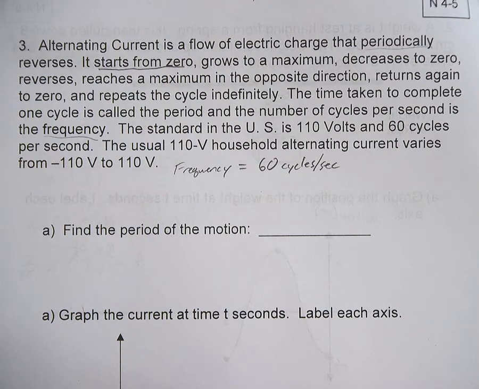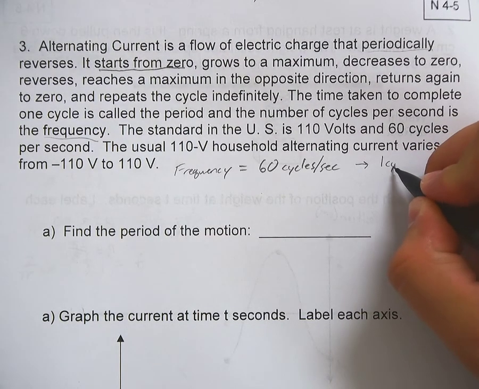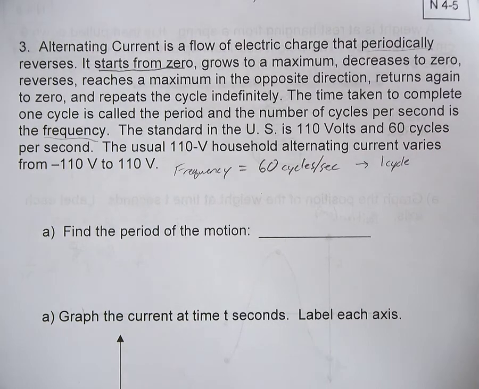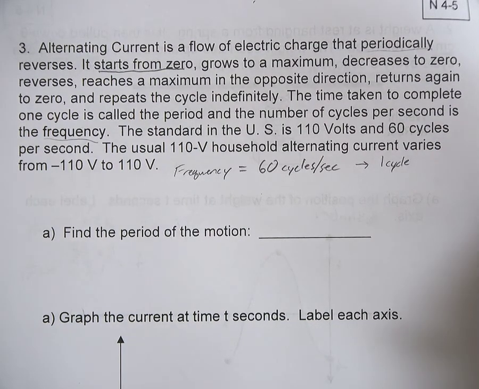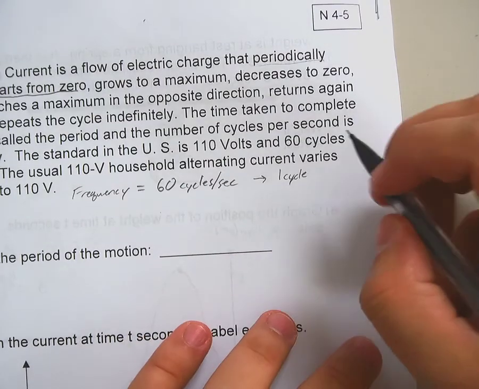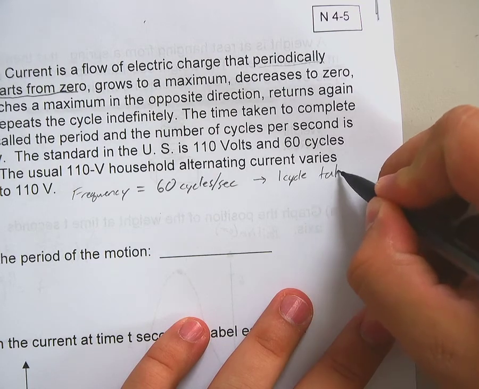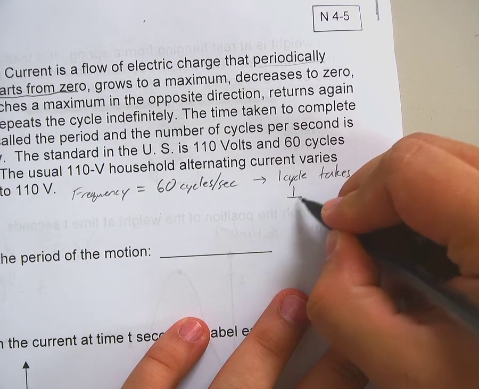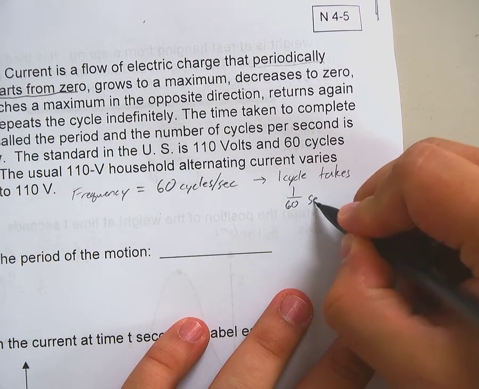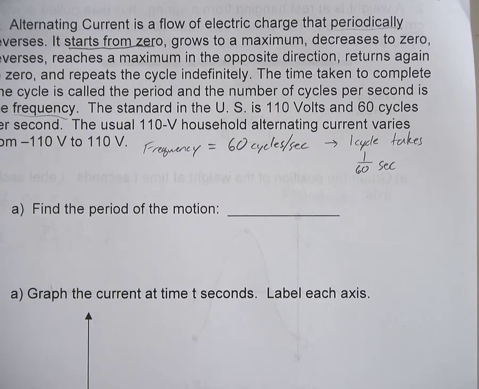That means that if you complete 60 cycles in 1 second, we can imply that one cycle, one period, would take about 1 over 60 seconds, right? It would take 1/60th of a second. If it completes 60 cycles every second, then divide by 60, and that's how long it takes to complete one.